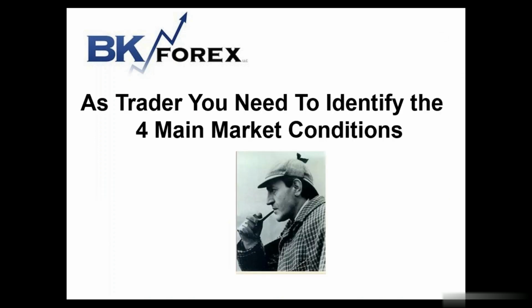As a trader, you need to be able to identify the four main market conditions. This is the initial step to becoming a good trader, and it is also the first step to figuring out how to turn these technical indicators into trading strategies.